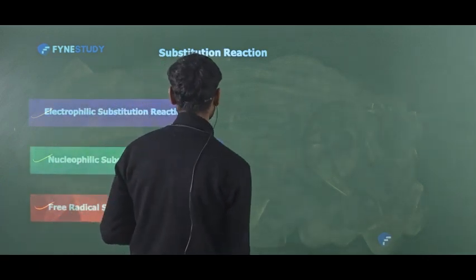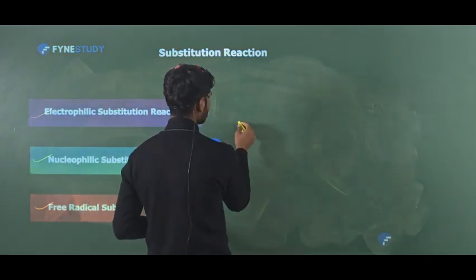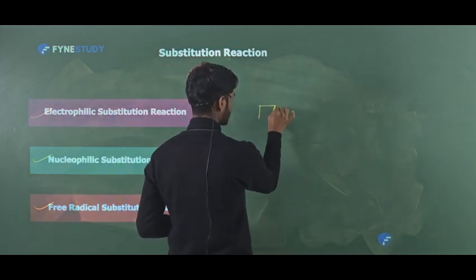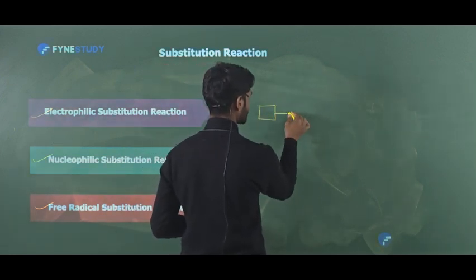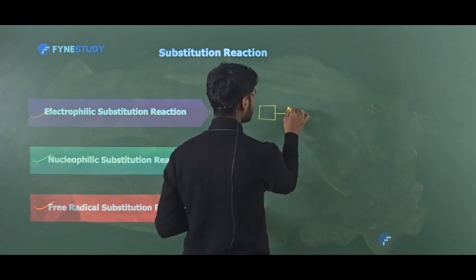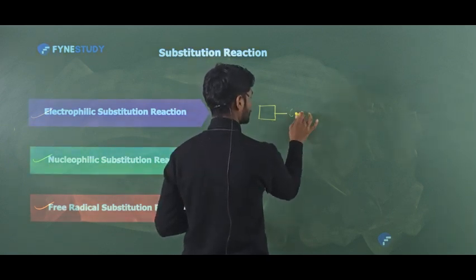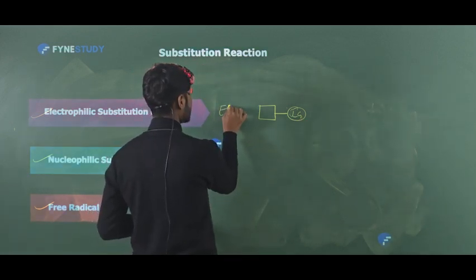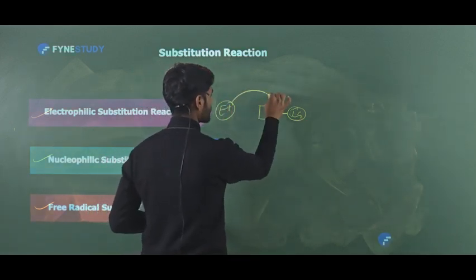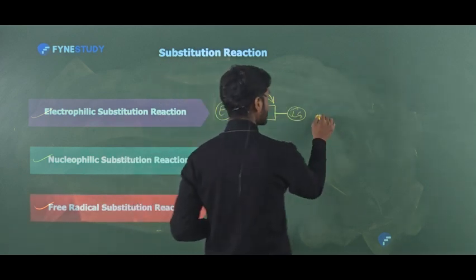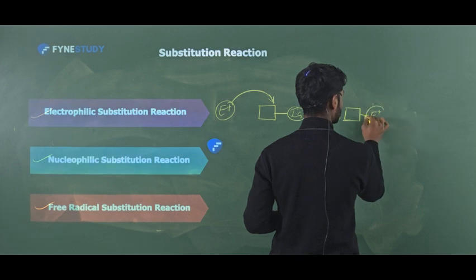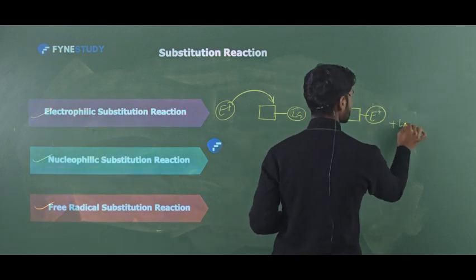I'm just putting a box. This one is the reactant with the leaving group, and E plus is approaching here, and it will give this one plus the leaving group.